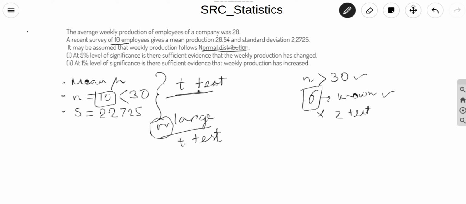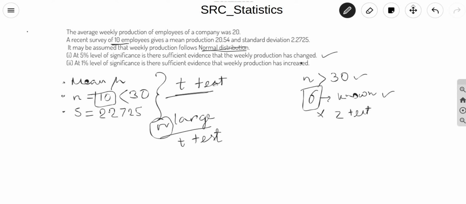Now we go to the various steps of hypothesis testing one by one. There are two parts of the question, so we shall do the first part first, and then we go to the second part. For both the parts we shall do the t-test in two ways.